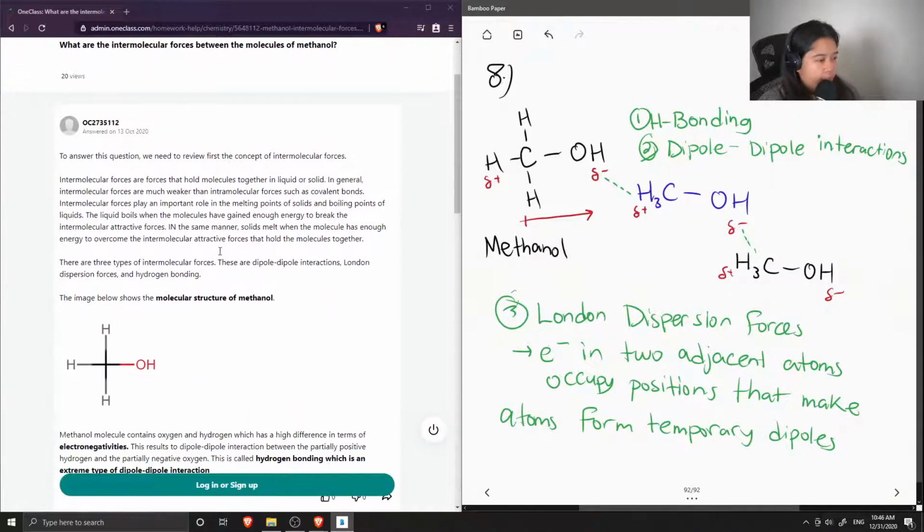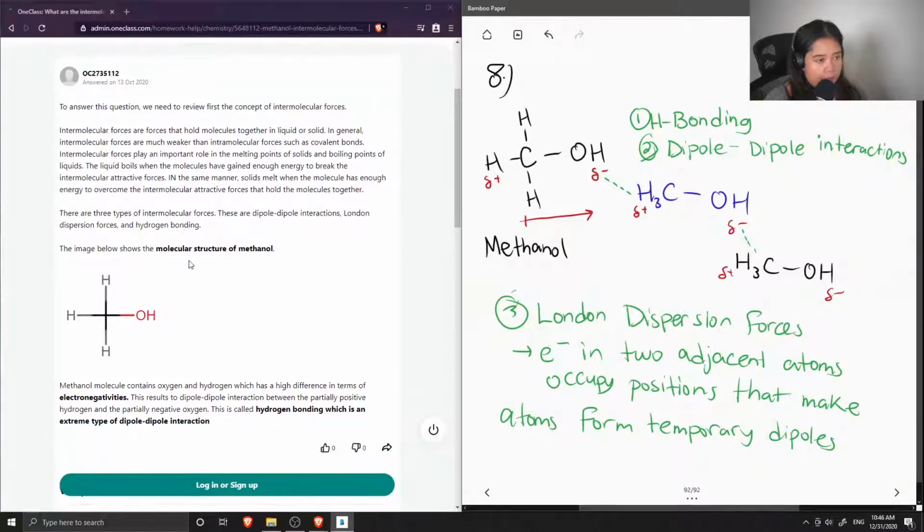So the junior tutor said, to answer this question, we need to review first the concept of intermolecular forces. Intermolecular forces are forces that hold molecules together in a liquid or a solid. In general, intermolecular forces are much weaker than intramolecular forces such as covalent bonds.